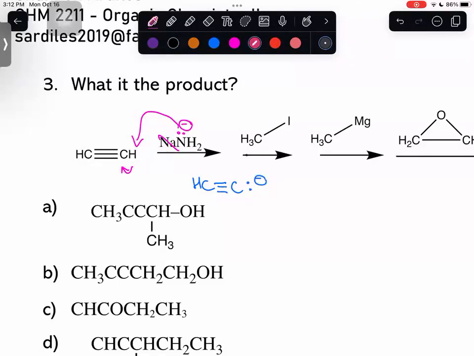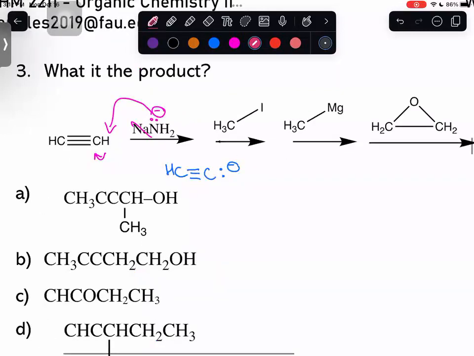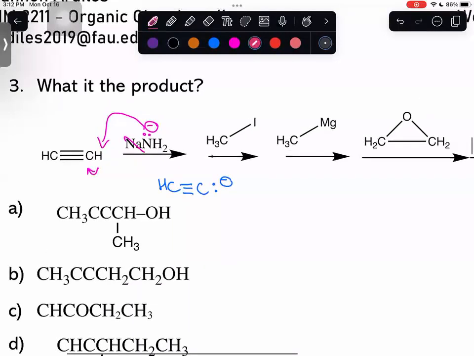Now, so far it looks very similar to the problem that we just did. We have the conjugate base, and then we are reacting with an alkyl halide. What's going to happen? It's going to be a substitution reaction. So that means that I'm going to be attacking my carbon chain.